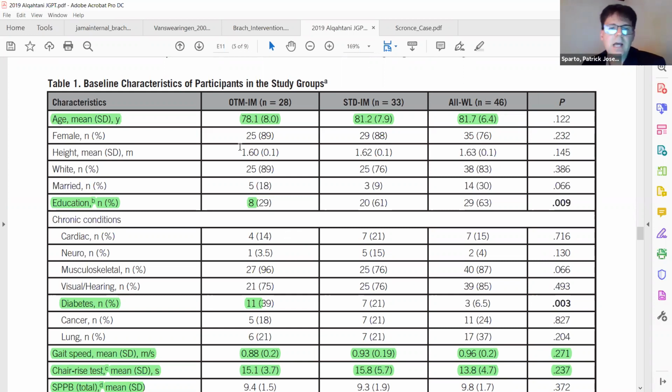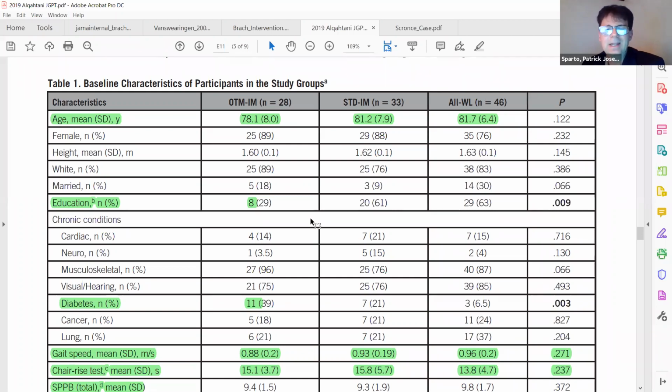You can see in the top row of the table that across the 3 groups, On the Move, standard immediate, and the wait list, the mean age was about 80 years across the whole sample, and On the Move was slightly younger, but not statistically different.